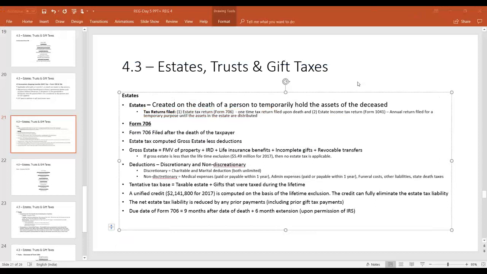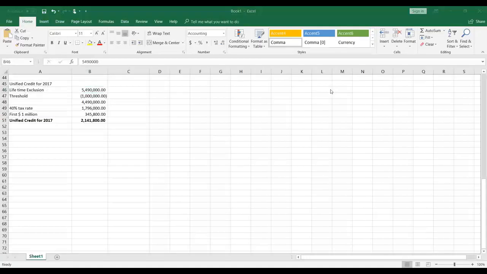Can you see that Excel again, please? Okay. So basically, it's simply a tax computation here. We're just checking what our total gross estate is, so it's obviously over the 1 million. For the first 1 million of estate, the tax is 345,800.